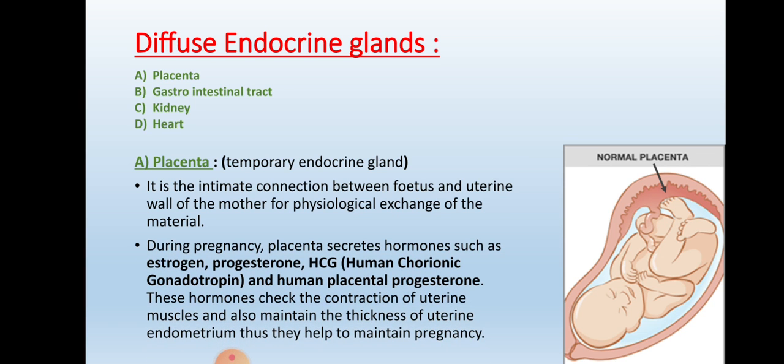During pregnancy, the placenta secretes very important hormones: estrogen, progesterone, human chorionic gonadotropin, and placental progesterone. These hormones are very important for checking the contraction of uterine muscles and maintaining the thickness of the uterine endometrium, and thus help in maintaining the pregnancy.